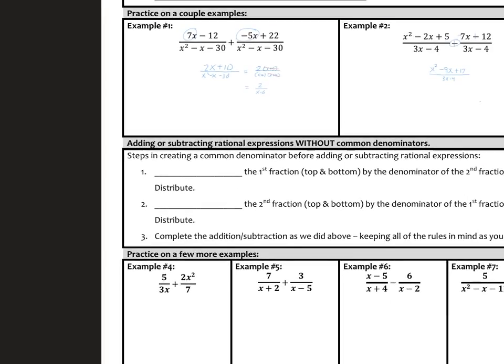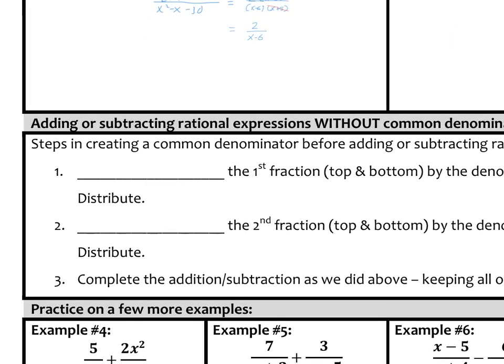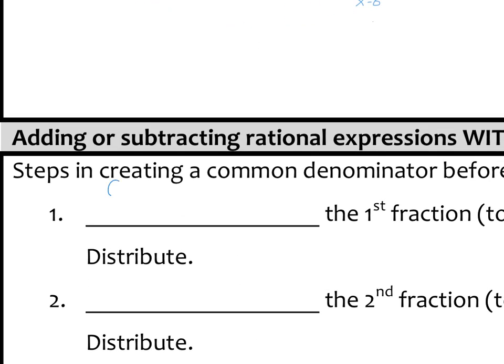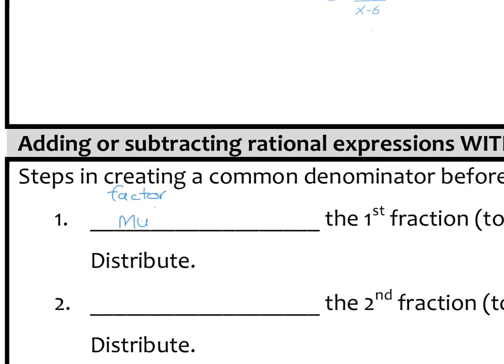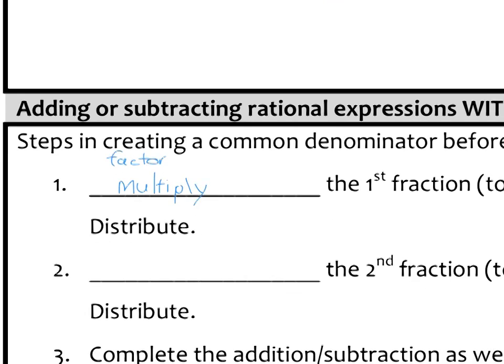If we look at the notes down below, we will not have a common denominator down here. So first step, we need to make sure we factor the denominator. And I'll show you an example down here a little bit why that's important. We're going to multiply the first fraction by the other denominator's factors that we don't have. That sounds a little confusing, but it will make more sense once we get to some of the examples down below.